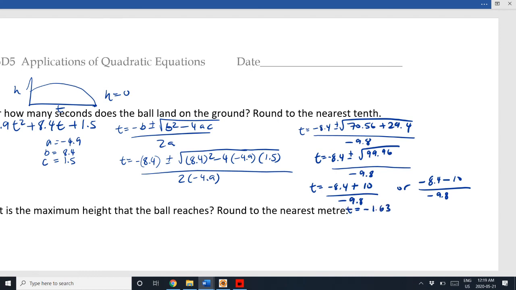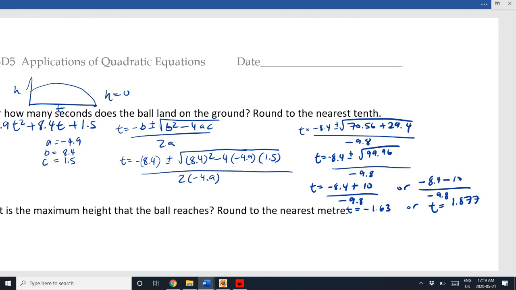So it's a time of negative 1.63, or negative 8.4 minus 10, which is negative 18.4 divided by negative 9.8. And we're going to get a t of 1.877 seconds.